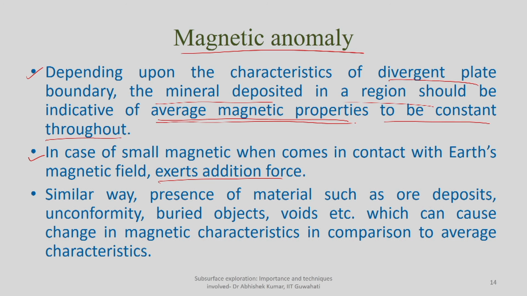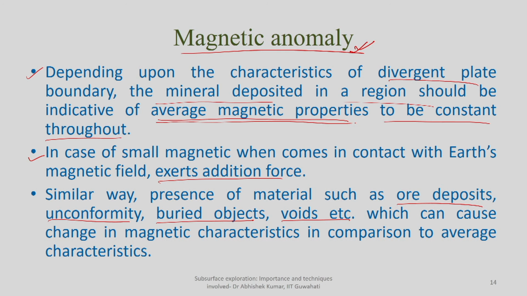So, the presence of materials such as ore deposits, unconformity, buried objects, voids, which are responsible for some change in the magnetic characteristics with respect to the average magnetic characteristics in the surrounding region, is a possible indication of magnetic anomaly. So, if you are able to detect this magnetic anomaly, that means on an average some magnetic property should be there, but if you go to the site, it is possibly indicating a slightly different value.